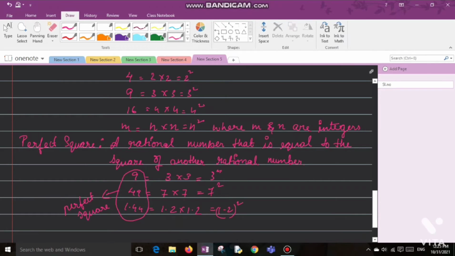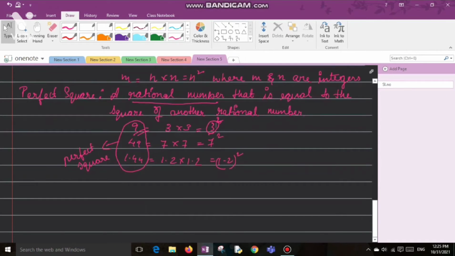That's what is there in the definition as well. A rational number. 9 is a rational number that is equal to the square of another rational number. 3 is another rational number. So 9 is equal to the square of 3, which is again a rational number. Okay, so I hope you understood what is a perfect square.